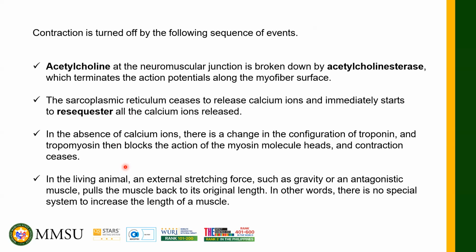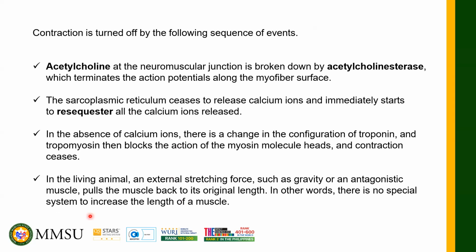So this will prevent now the myosin heads from attaching to actin and forming cross bridges. So as a result of the reconfiguration of the troponin-tropomyosin complex and the absence of the calcium ions, the muscle contraction usually ceases.